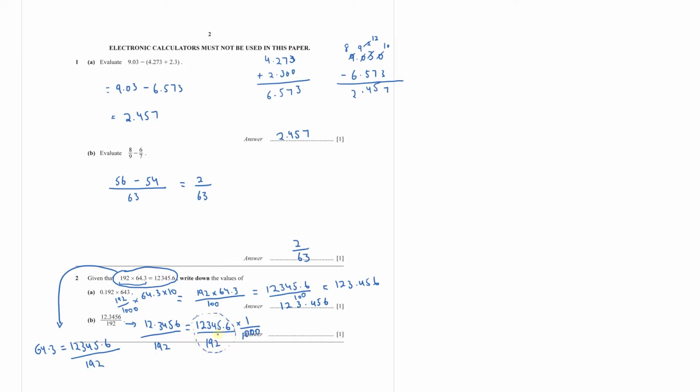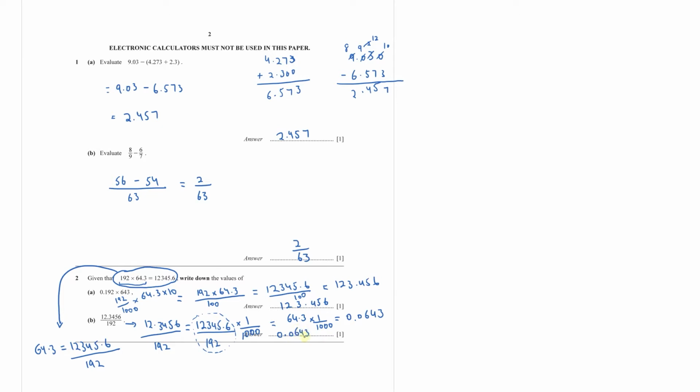We know that this equals 64.3. So this becomes 64.3 into 1 over 1000. Since 64.3 is being divided by 1000, I will move the decimal 3 places to the left, 1, 2, and 3. So we will add another 0 here. This is equal to 0.0643. This will be your final answer, 0.0643.